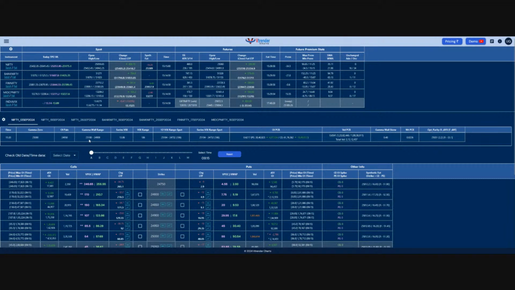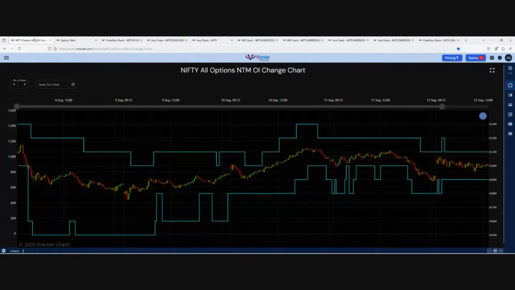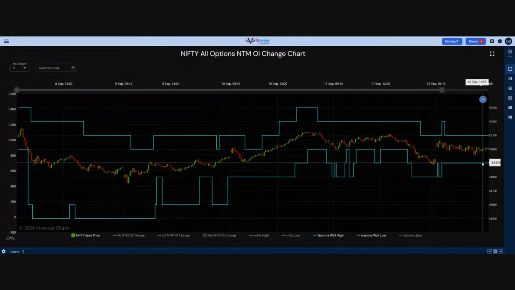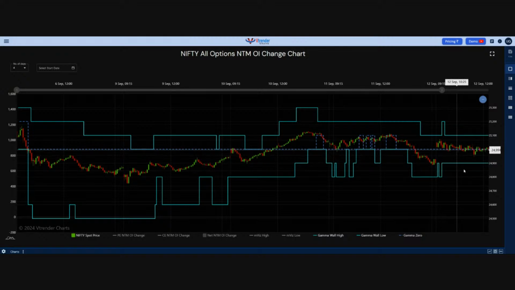The upper range is 25,100, 24,900 is the lower range, and gamma zero, which is the dotted turquoise line, is at 25,000. So this is how we started the day.